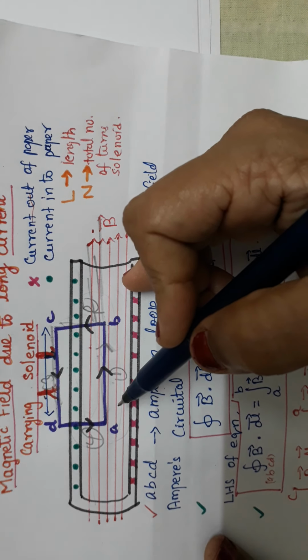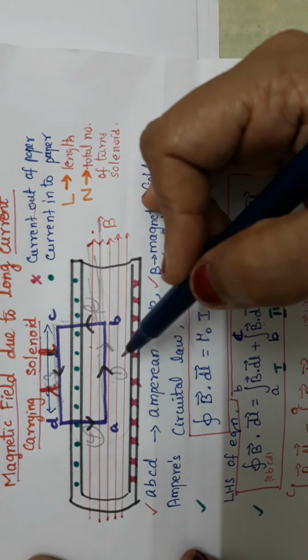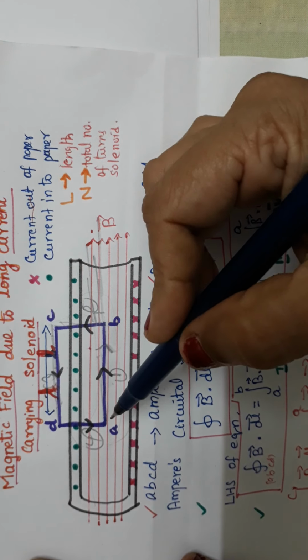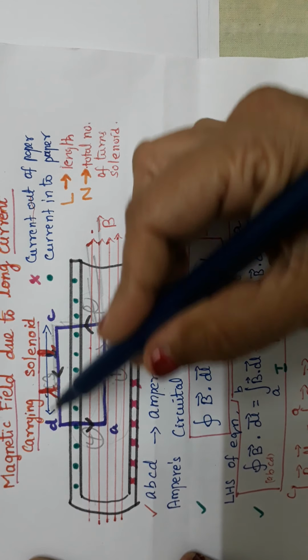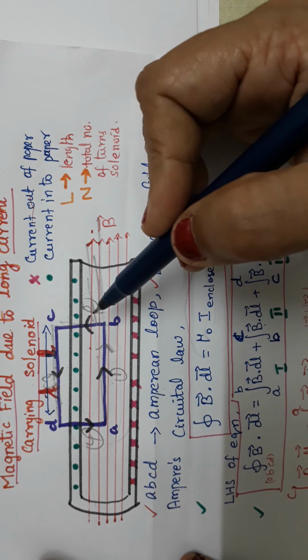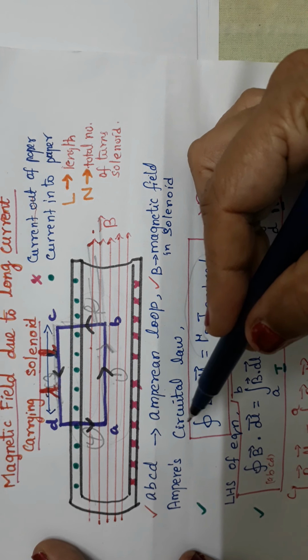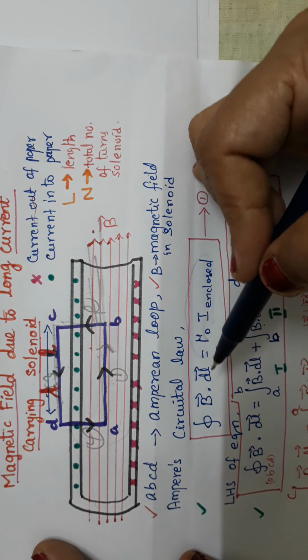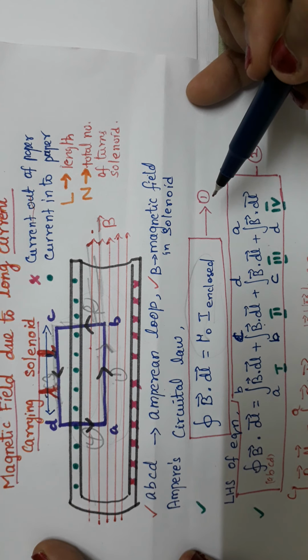So that means you have to consider the Amperean loop. In the solenoid, I have considered a rectangular loop ABCD. That is the Amperean closed loop, right? And this is the Ampere circuital law formula: closed integral B vector dot dl is equal to mu naught I enclosed, and we will represent it as equation 1.